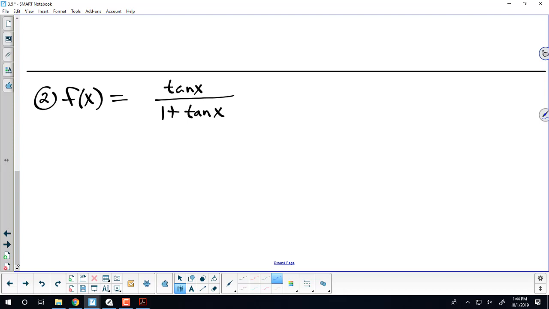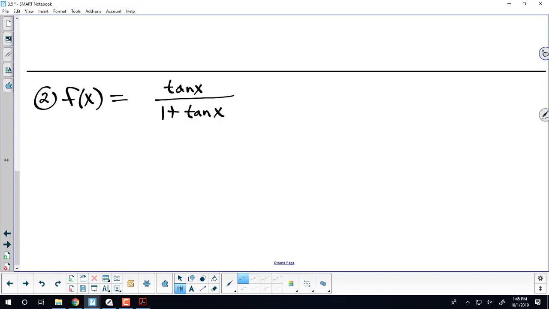All right, then we can look at the derivative of tangent over 1 plus tangent. So what rule do we apply here?